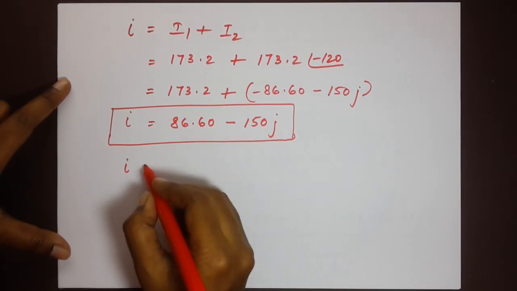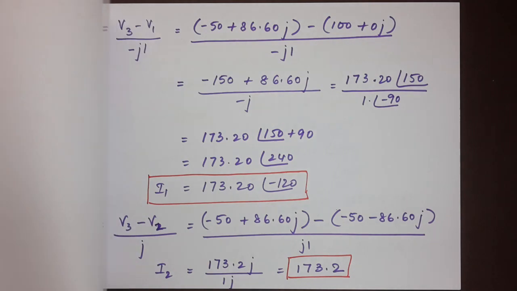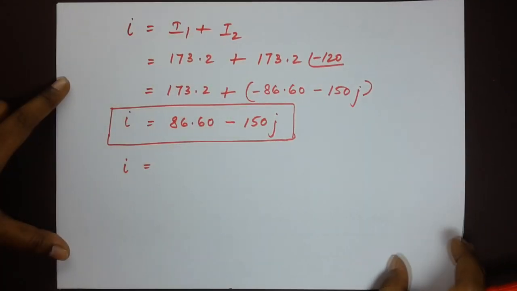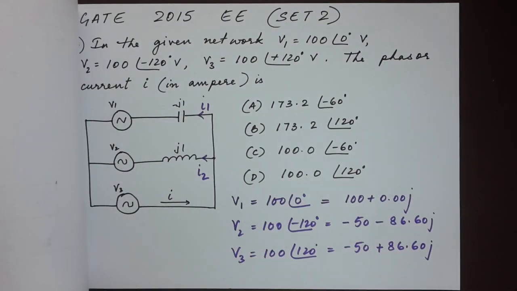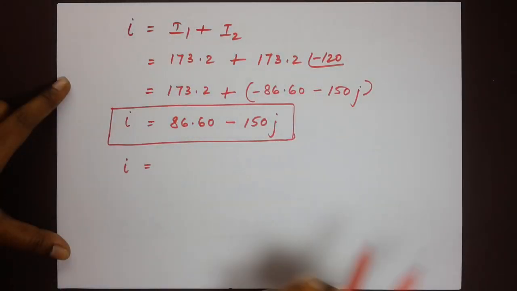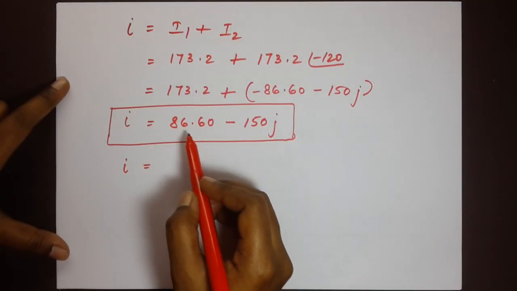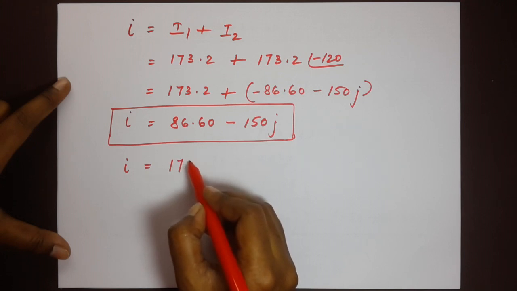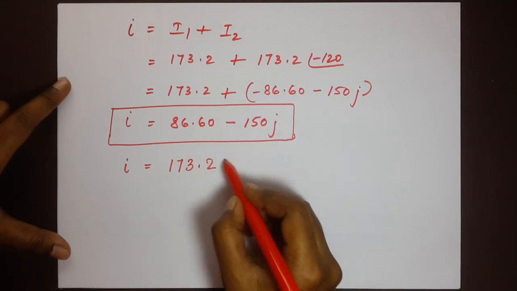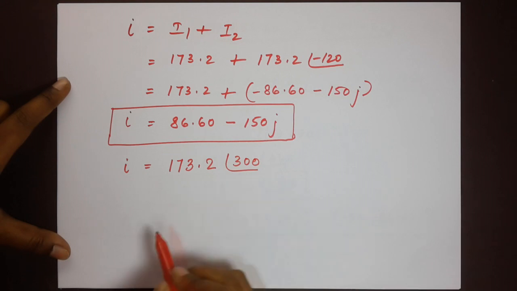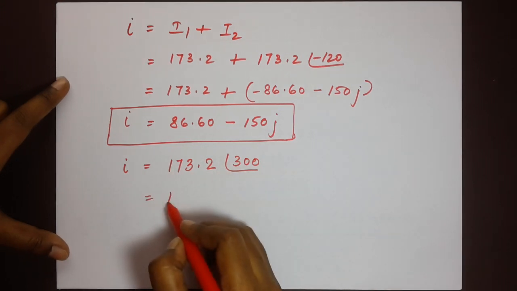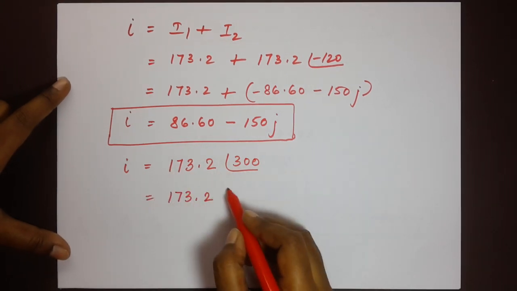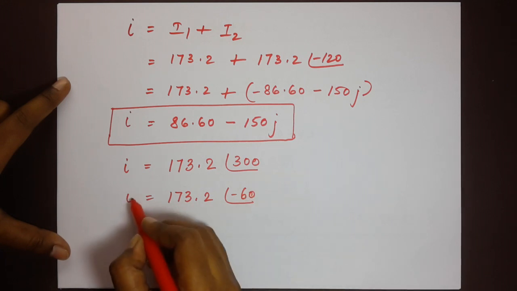And finally, we convert it into polar because our options are given in polar form. The phasor current I is in polar form. So when you convert it, you should get a value of 173.2 angle 300. Now angle 300 is also angle minus 60.